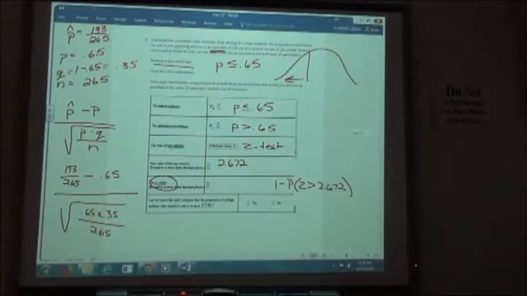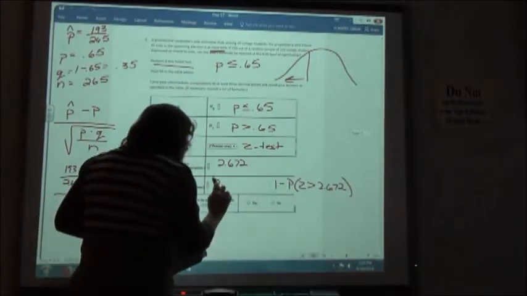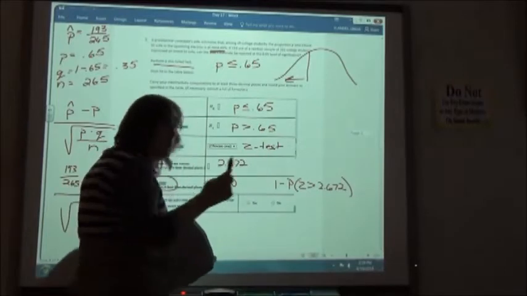Yours is kicking you out. So we did 1 minus, and then the p of z, and then our test number 2.672. And hit equals. So, that number to 3 decimal places is 0.004.